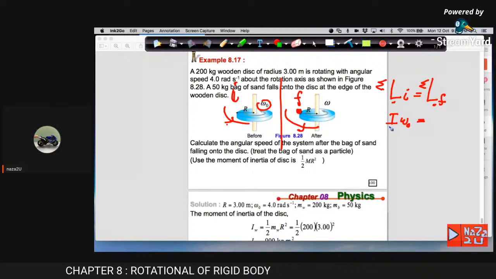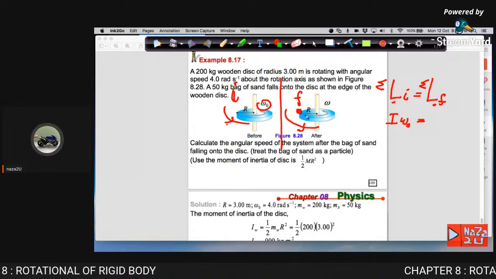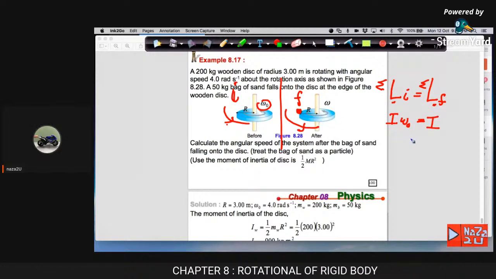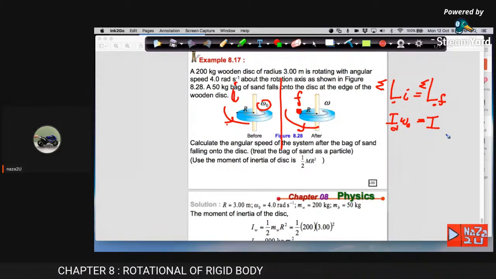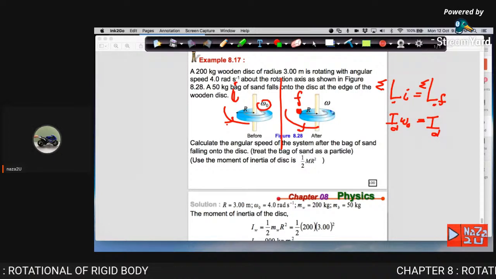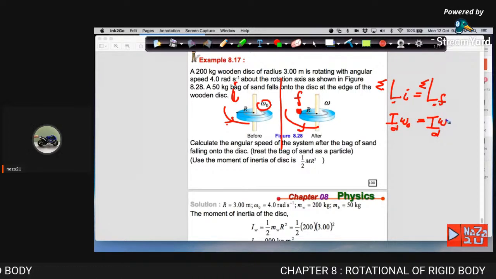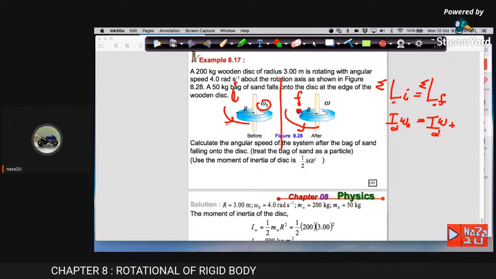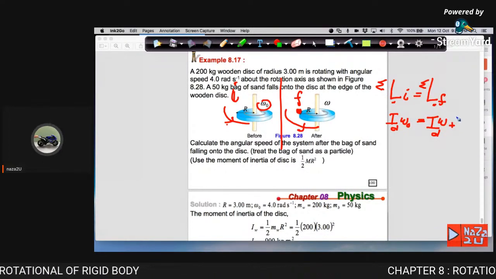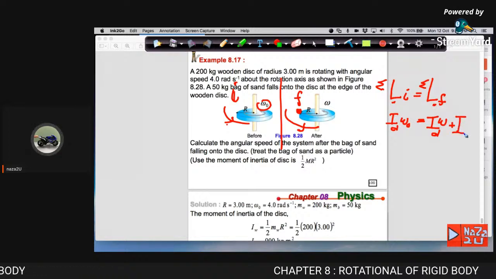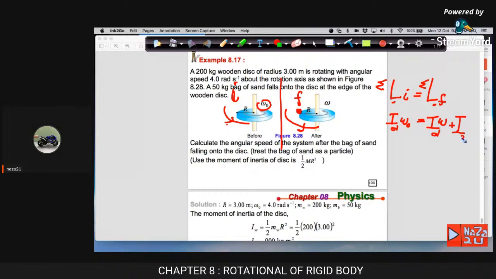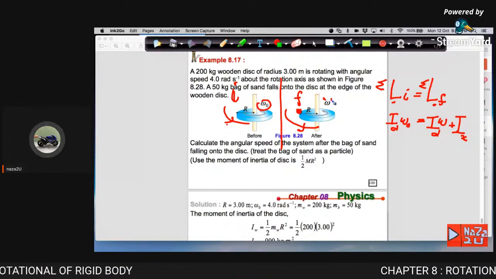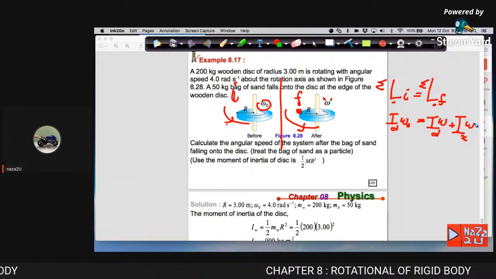Tetapi selepas situasi kedua ni, ada juga satu jasad yang jatuh di atas disk ini dan berpusing. So maksudnya kat sini kita ada dua. The first is I untuk disk, saya buat D. This is D, disk. Dan dia bergerak dengan omega final. Dan pada masa yang sama juga, dia ada jasad yang jatuh di atas disk ini. Jasad yang saya bagi X ini berpusing pada omega yang sama, final.